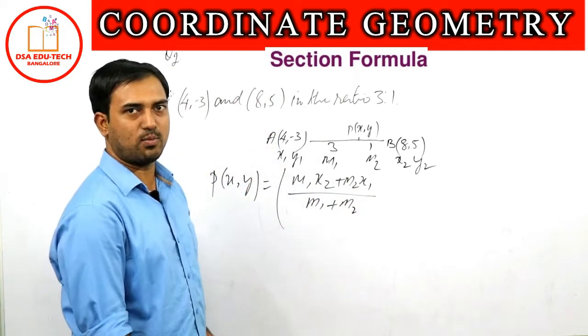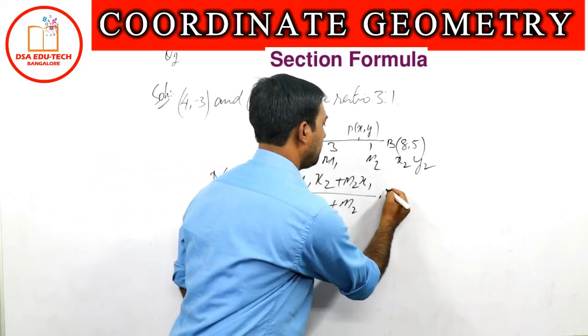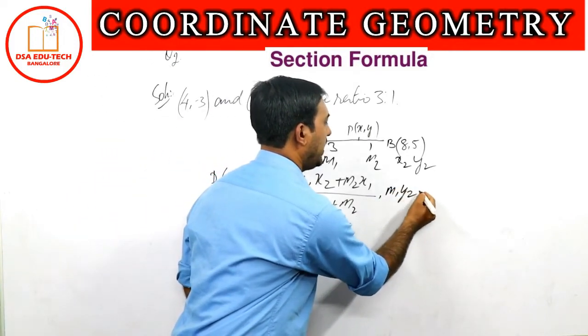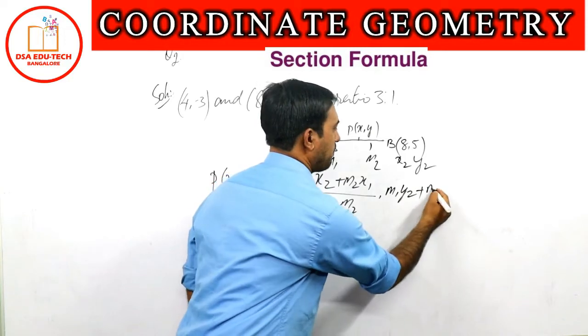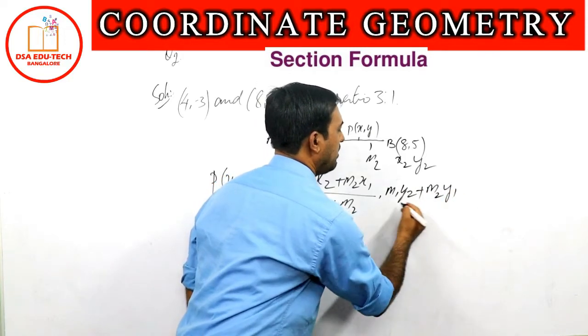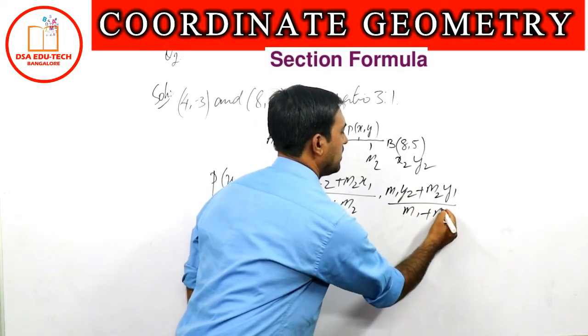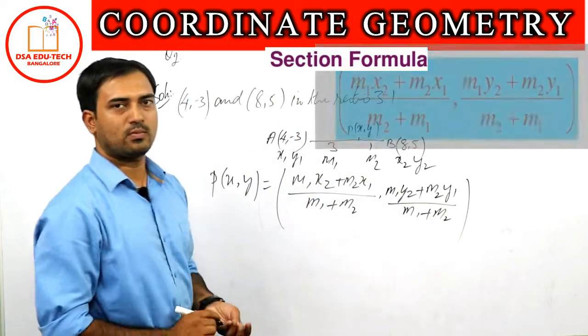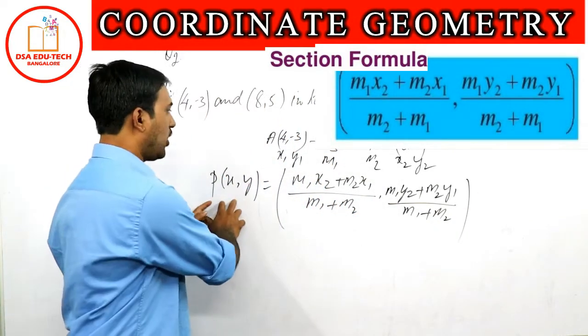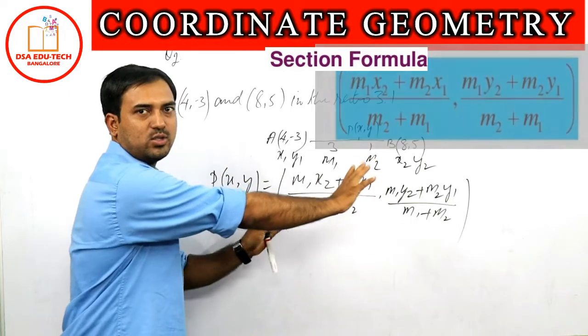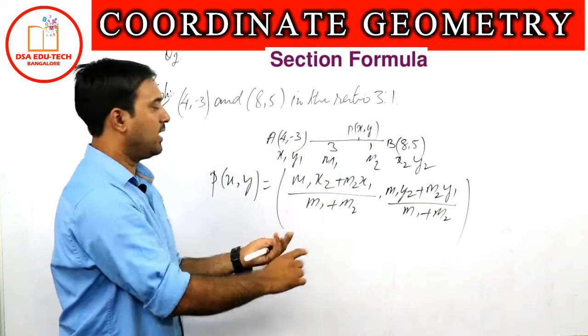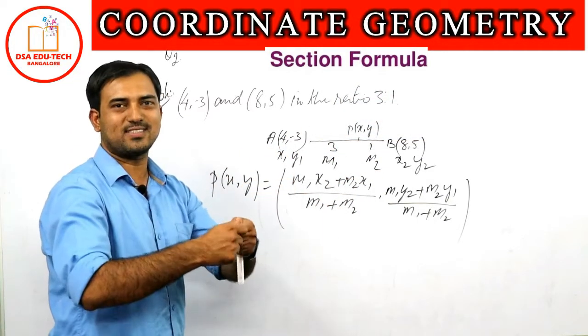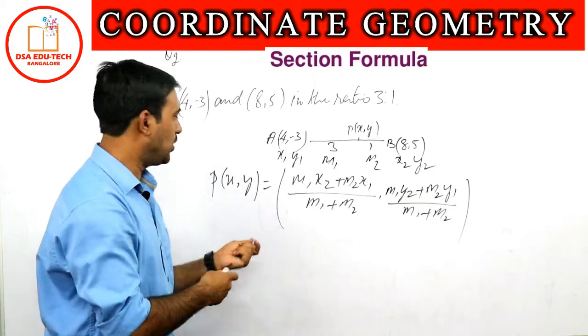We are aware of this formula, right? Great. So we know the formula, we know the given values, we have named those values. Now we just have to substitute to find the solution.